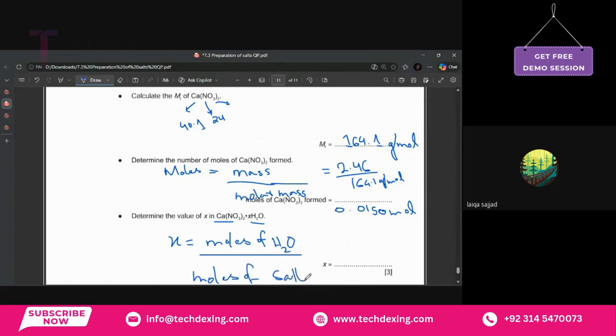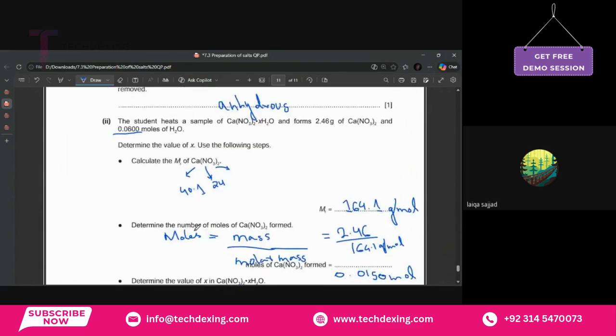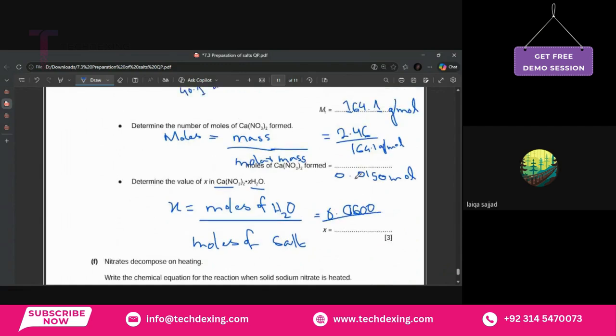So moles of water were already given in the question, 0.0600, and we calculated the moles of salt and they were 0.0150.